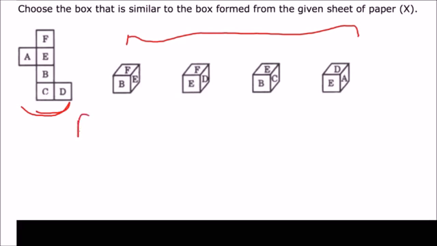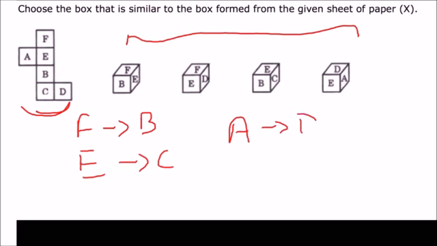So opposite to F is B, opposite to E, I skip the adjacent one and write C, and the remaining is A, and it would be opposite to D.